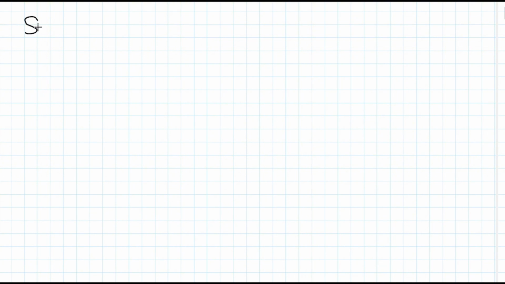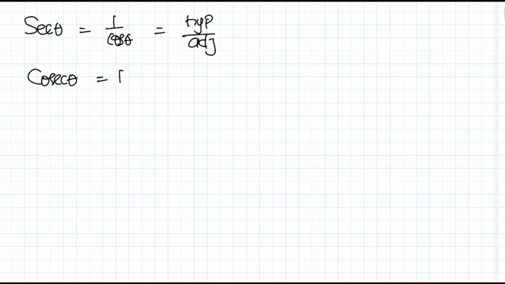So sec theta equals 1 over cos theta, and that would be hypotenuse over adjacent. Cosec theta equals 1 over sine theta, and that would be hypotenuse over opposite.